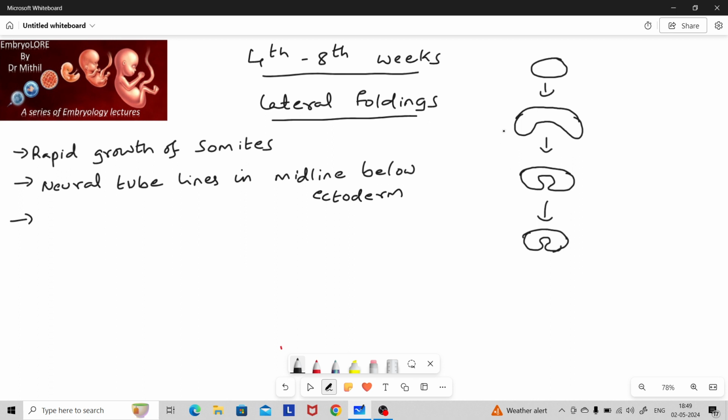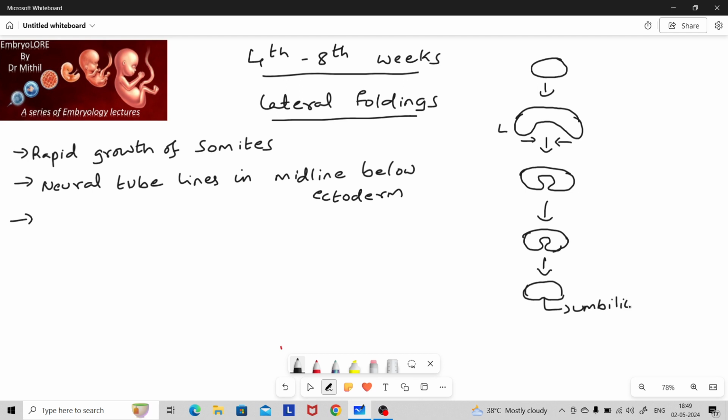Here we can see the lateral folds going medially, which is very evident here, and they all fuse to form the anterior abdominal wall. Due to which the embryo is becoming cylindrical with a surface depression, that is the umbilicus.